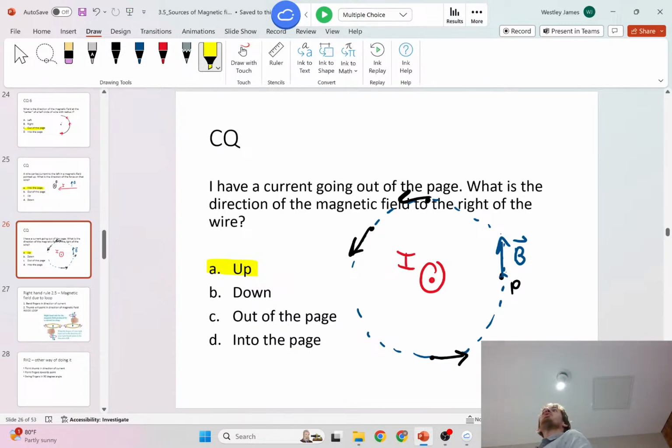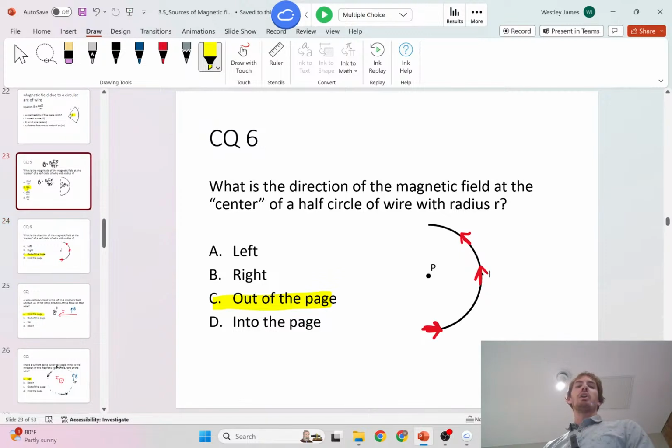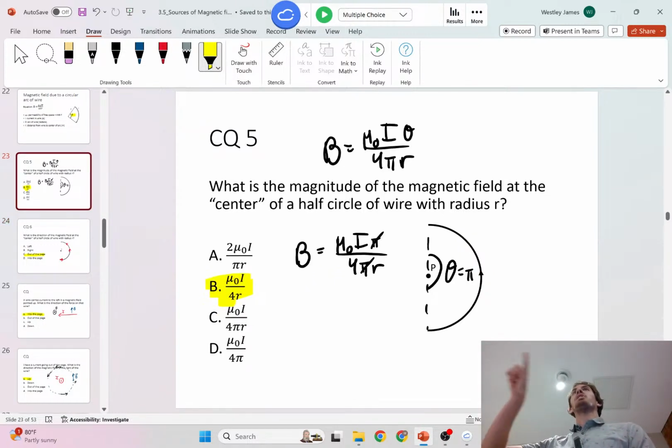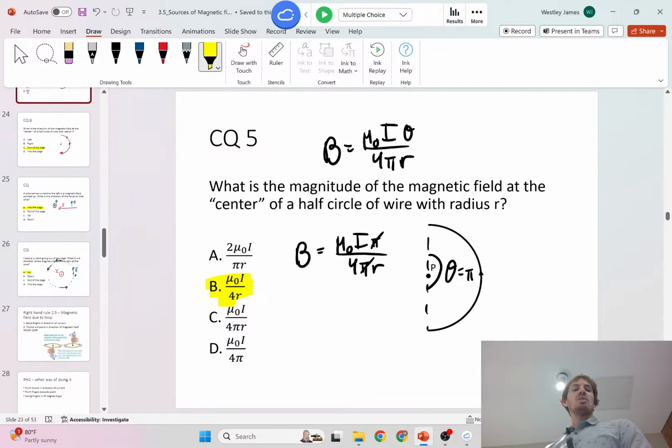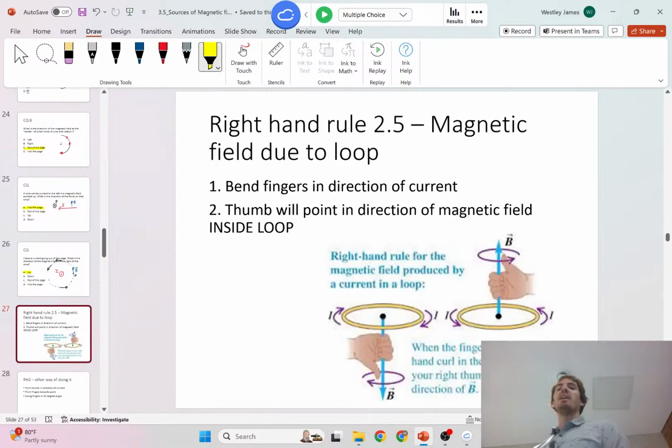Okay, I introduced right-hand rule 2.5 at the end of class, last class. At the end of class, we started to talk about arcs of wires that make a circular path. And so I said, if you have a wire going in a circle, or even a square loop, literally just some kind of closed loop, right-hand rule 2.5 is a little bit of a shortcut to find the magnetic field inside of it.